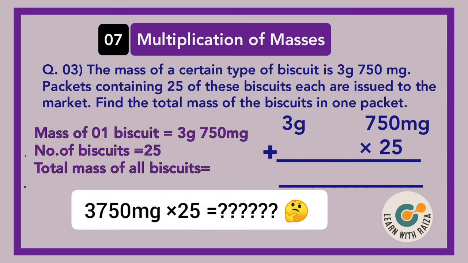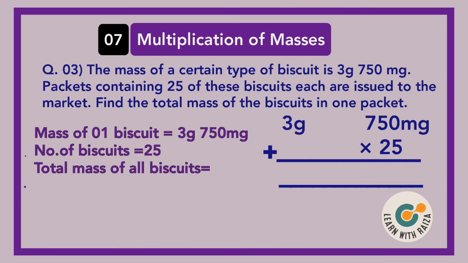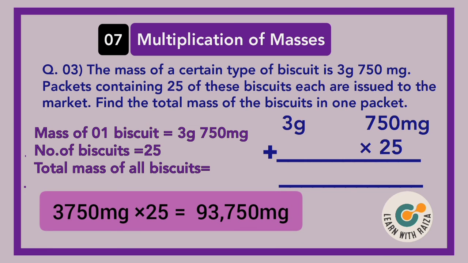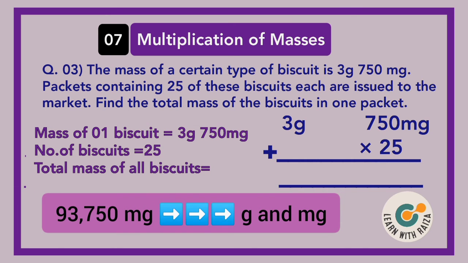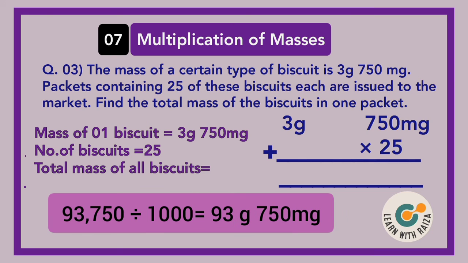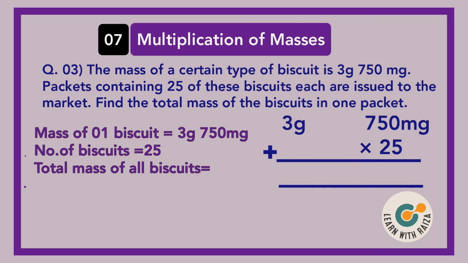So 3750 multiplied by 25, you get 93,750 milligram. So if we divide this by 1000, we get 93.750, that is 93 grams separately and 750 milligrams separately. That is the final answer, and that is the total mass of all the biscuits in one biscuit packet.